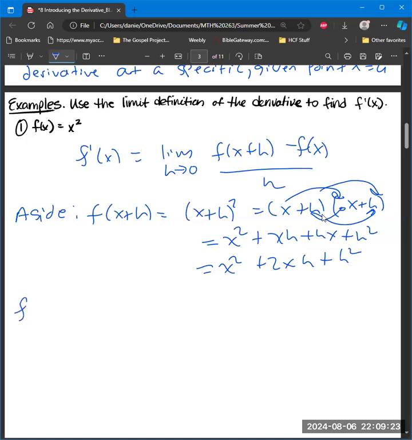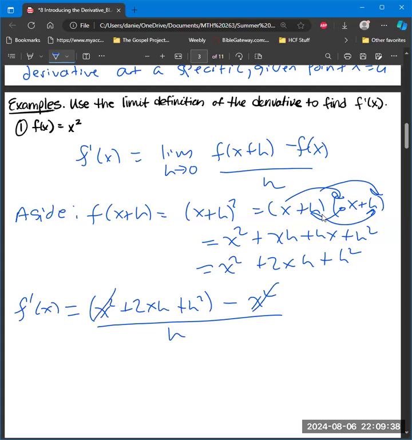So now that we have that, come back and make our substitution. X squared plus 2xh plus h squared minus x squared over h. The parts without h's are going to zero each other out.